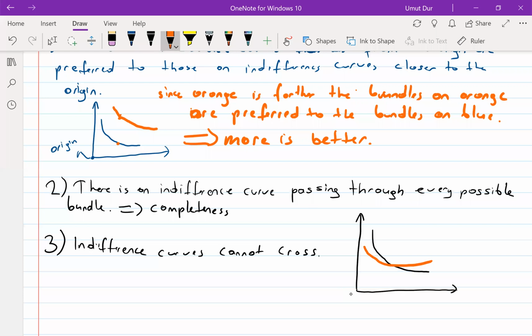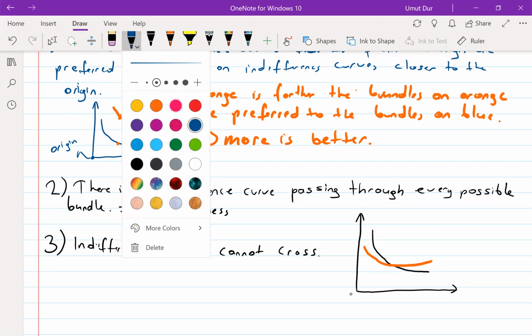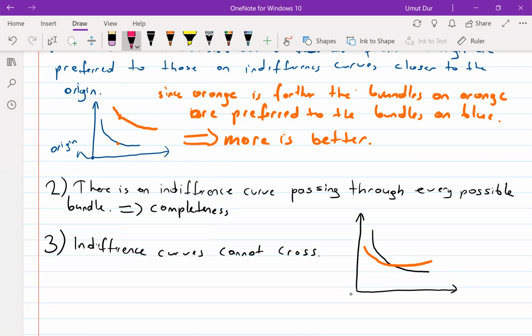They are crossing each other at this red point, right? This property 3 does not permit such instances.